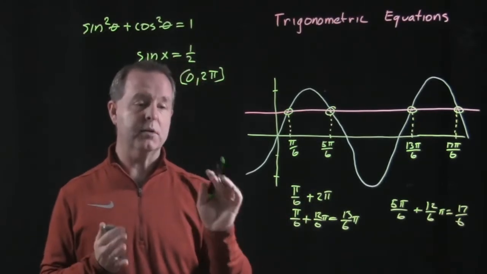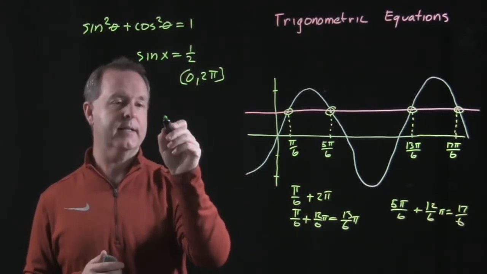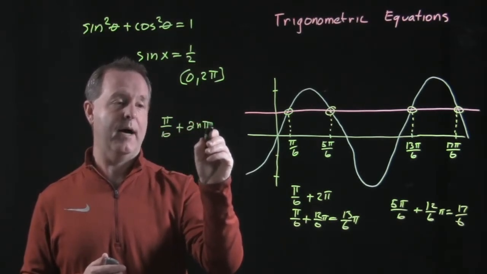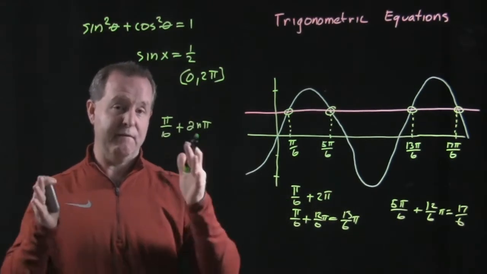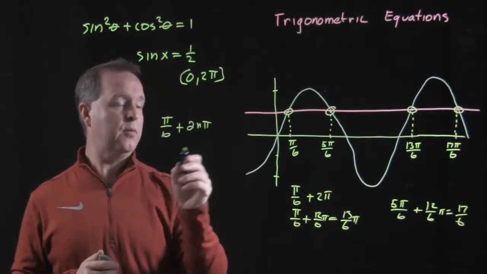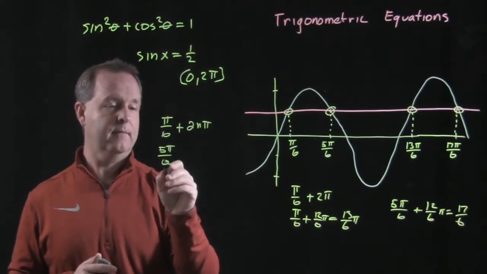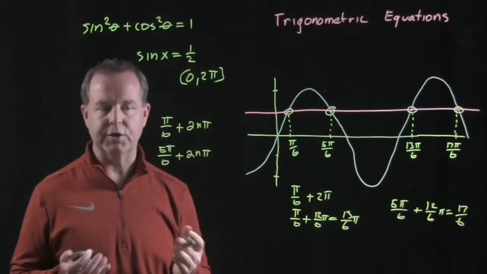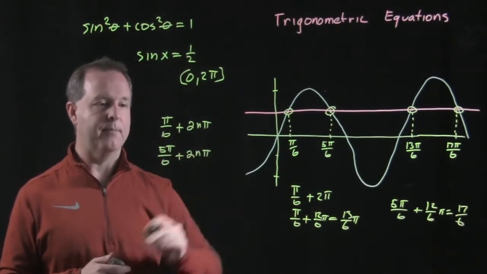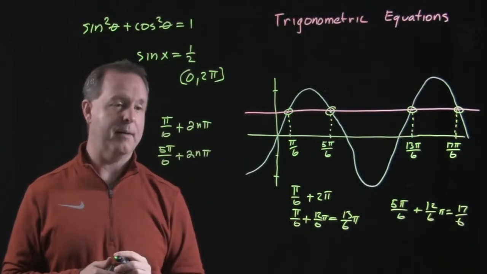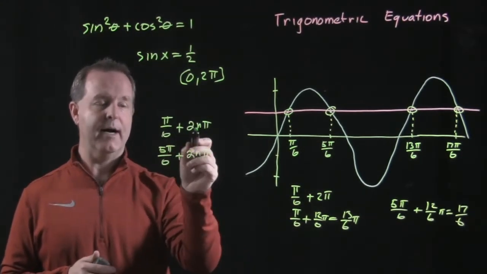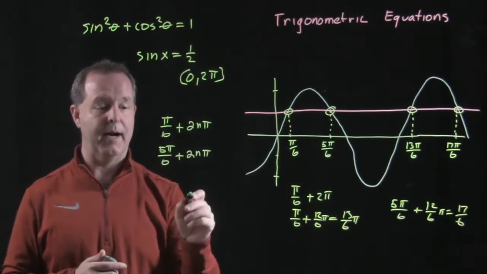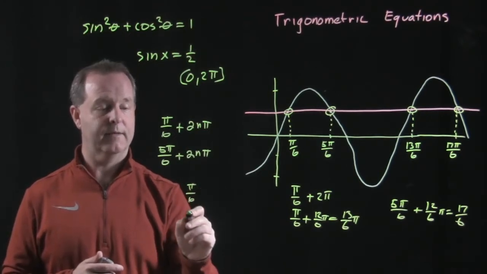We're going to take our solutions, which in this case is pi sixth plus 2n pi, and then the other solution that fell within that original period, which was 5 pi sixth, and likewise add 2n pi to that as well, where n is any integer value that we're able to multiply 2 pi by. So in this example, if n were 0, the second term drops out, so my solution is just pi sixth and 5 pi sixth.